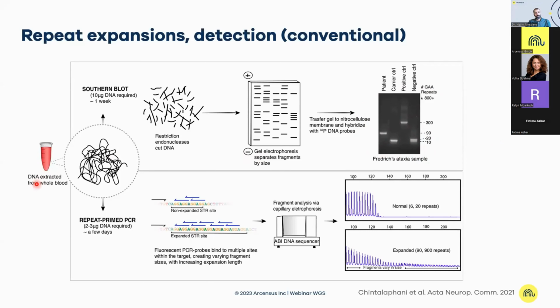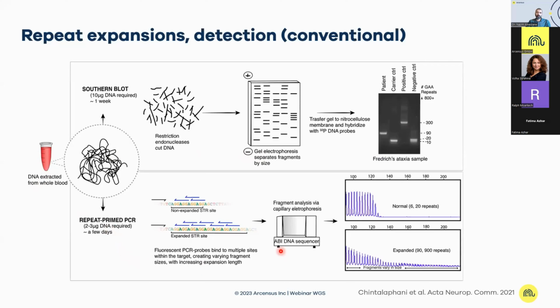The other method is based on a PCR method that uses a set of primers, one of which has a fluorescent label, and a PCR is performed, and then the PCR fragments or the amplification product is run on an ABI machine that also separates the fragments based on size.